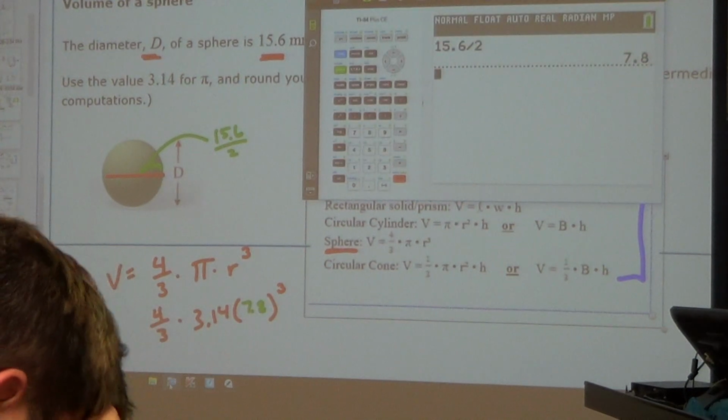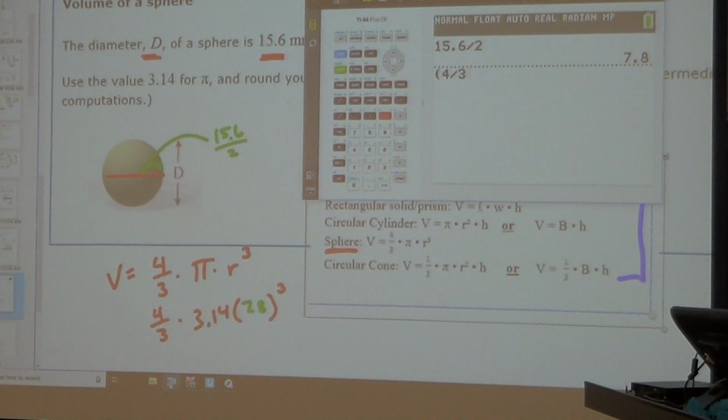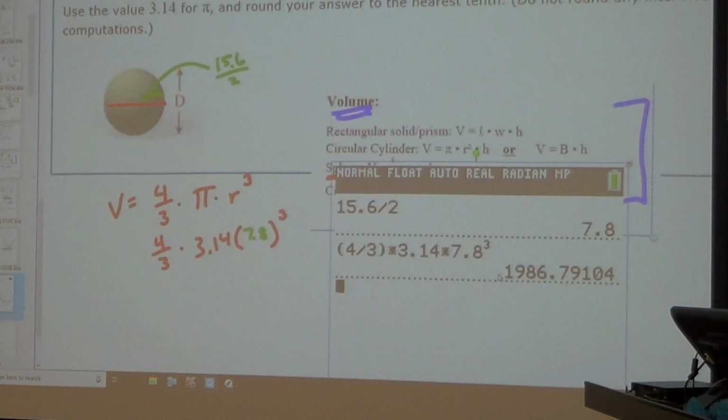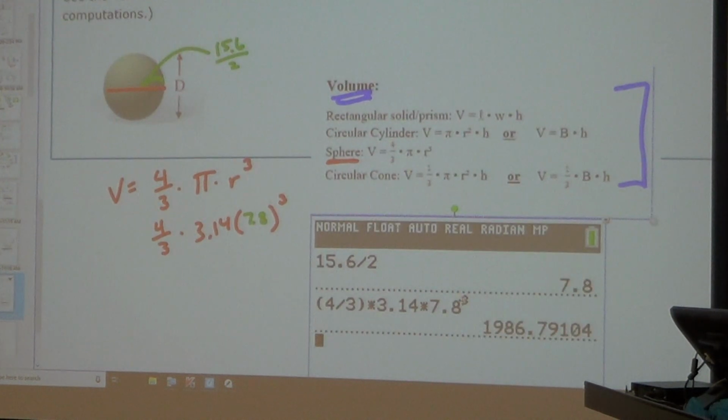So 4/3 is part of my formula. I wrap it up because it's a fraction, times 3.14 times 7.8 to the third. Now it says round to the nearest tenth. Round to the 10th. 1986 point, who? 8.